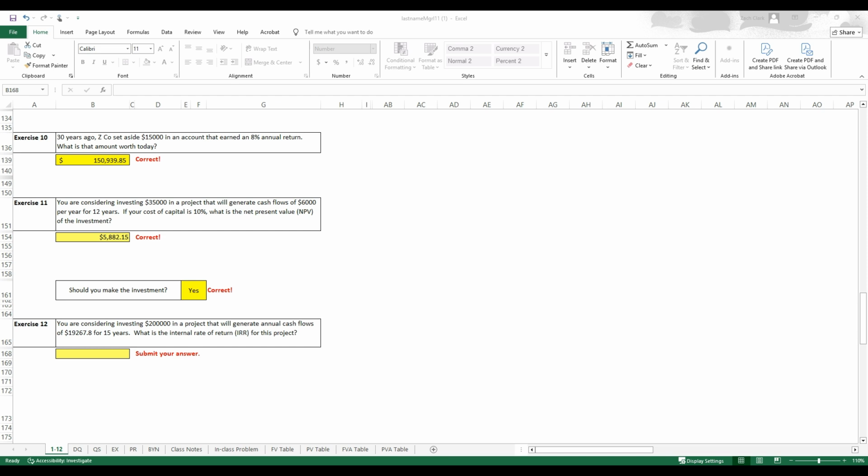So we take our 200,000, then we divide that amount by the 19. My spreadsheet just went weird. Sorry, bear with me for one moment.